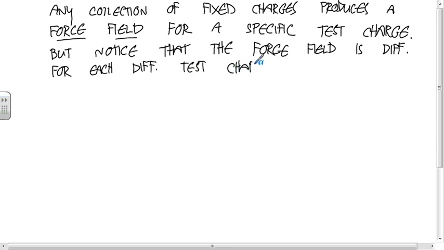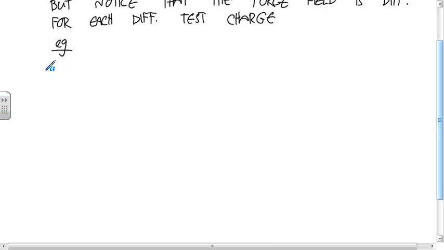So let's think about a couple cases. In both cases, we're not going to change the fixed charge, we're just going to change the test charges.